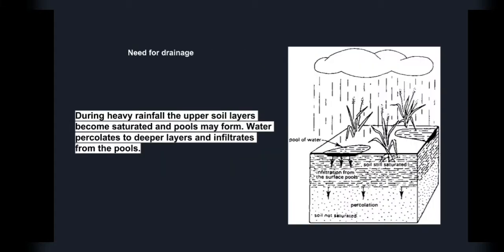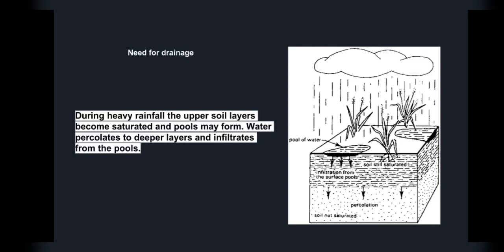Need for drainage. During rain or irrigation, the field becomes wet. The water infiltrates into the soil and is stored in its pores. When all the pores are filled with water, the soil is said to be saturated and no more water can be absorbed.